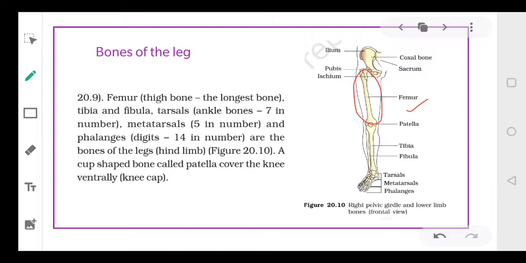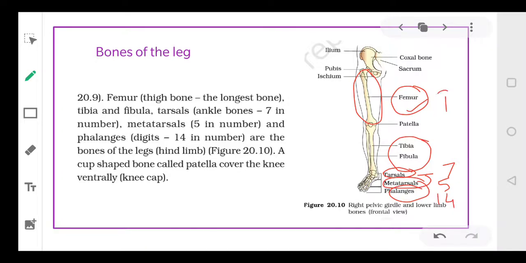We have discussed. Then you have tibia and fibula. Okay. So first is femur. Second is tibia and fibula. Then your tarsals. Tarsals, they are 7 in number. Then you have metatarsals, which are 5 in number, and then your phalanges, which are 14 in number.